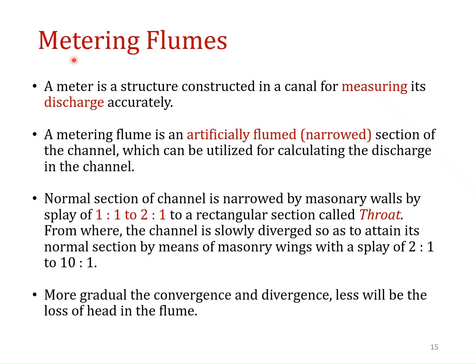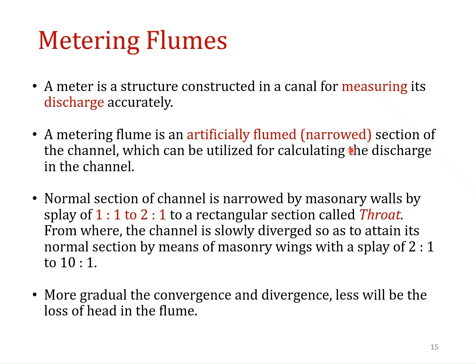We have metering flumes which are used to measure the discharge, because the quantity of water is always limited, and we only want that the agreed upon or the desired share of water should go to a particular canal. Okay, and it is flumed. Okay, that we have artificially flumed it or narrowed it, because it becomes easier.